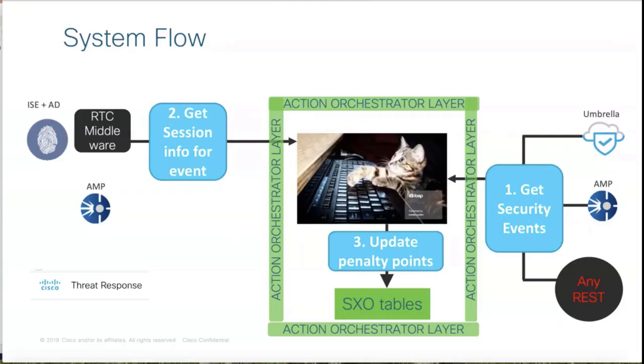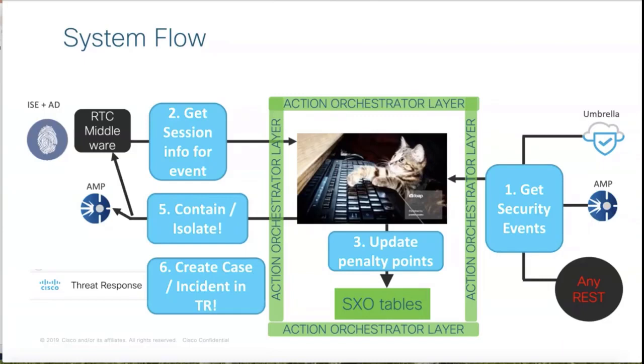After we update the penalty points, if the threshold has been exceeded, that is, a user, for example, has accumulated a high number of penalty points, we will contain and isolate using AMP for Endpoints and ICE, and ICE again via the RTC middleware. We will also create a casebook and, in the future, an incident in threat response.